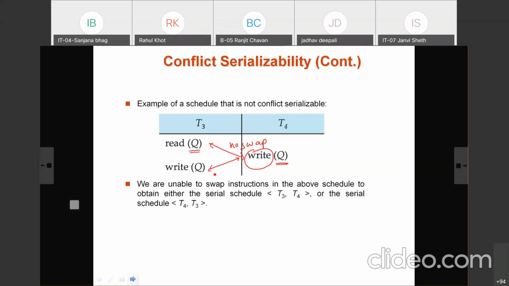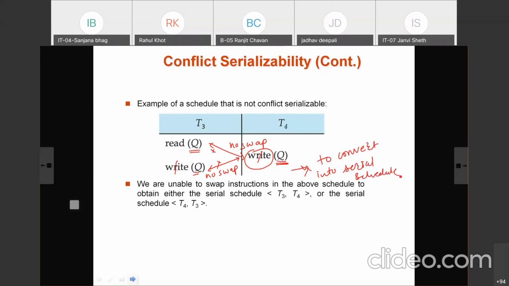No, the swapping is not allowed because it operates on the same data item and one or both of the instructions are writes. And that's why we cannot swap this either, and it is not possible to convert into a serial schedule.